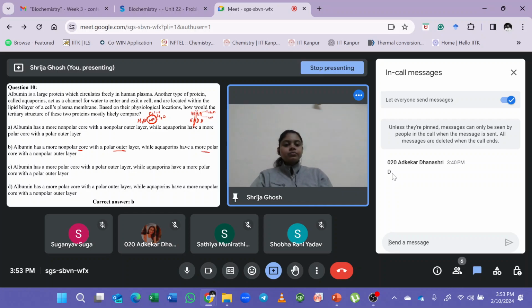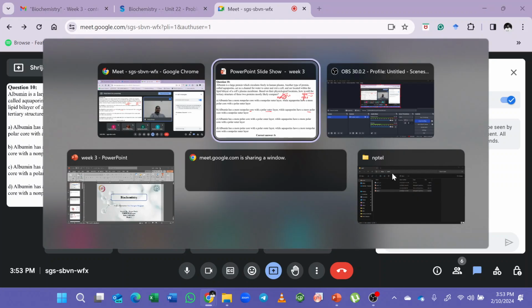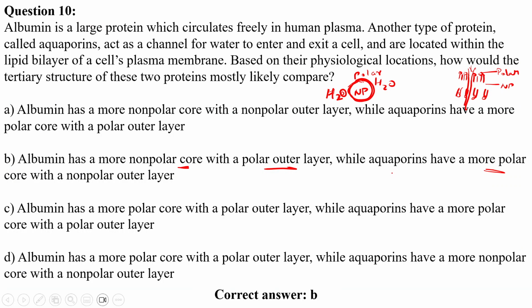Okay, this is clear why one has a non-polar core and the other has a polar core. Aquaporins have a polar core because they have to let polar molecules pass through, while albumin has a polar outer layer because it has to interact with the surrounding that is aqueous in nature. Okay, so this is clear. So the correct answer is option B.